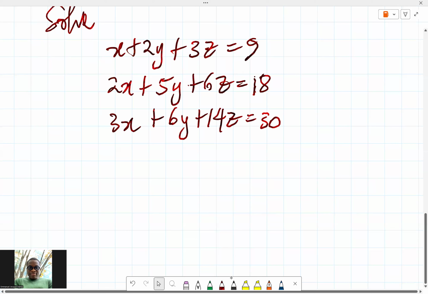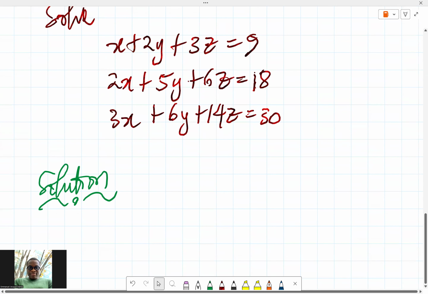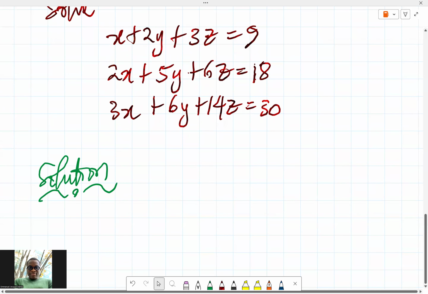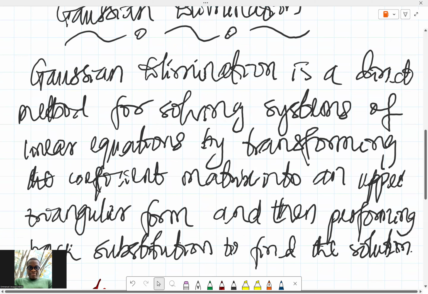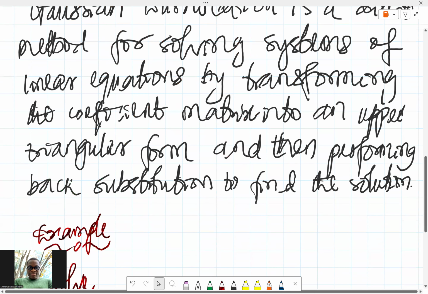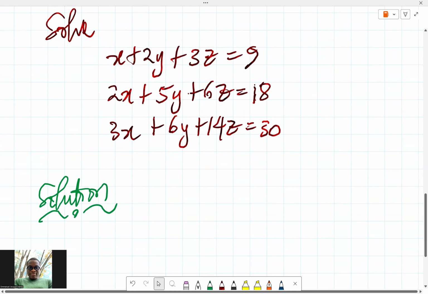As for the solution, the first thing we want to do is Gaussian elimination, just like we said. Gaussian elimination is a direct method for solving systems of linear equations by transforming the coefficient matrix into an upper triangular form. So we need to get this in matrix form.